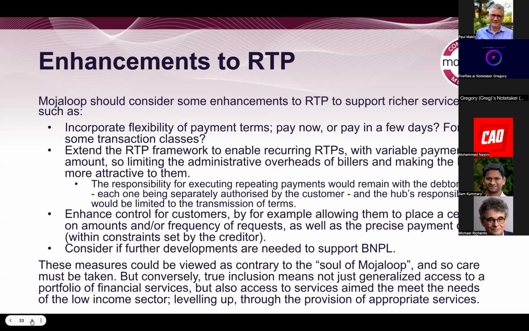I'm not saying what we should do, but the Mojaloop community should really start thinking about what they want to do in terms of extending the RTP framework, such as enabling recurring RTPs, enhancing control for customers by, for example, allowing them to place a ceiling on amounts and or frequency of requests, as well as precise payment dates, and consider further developments to support BNPL.